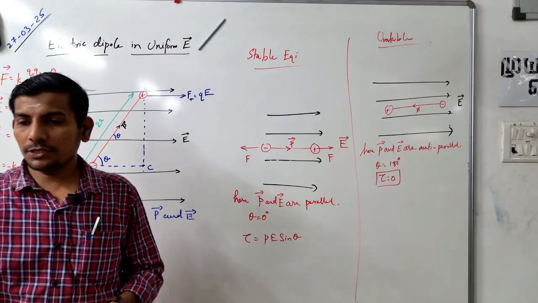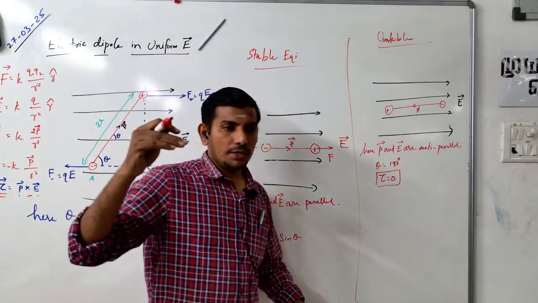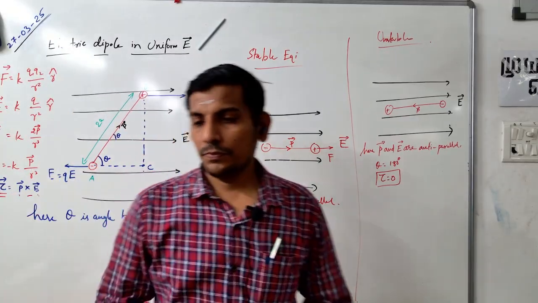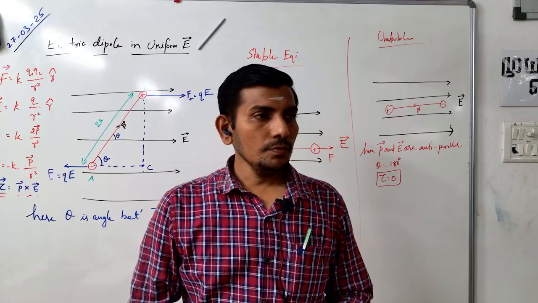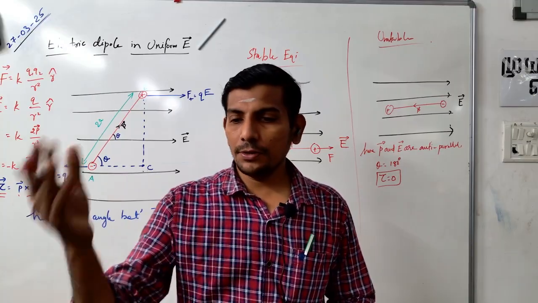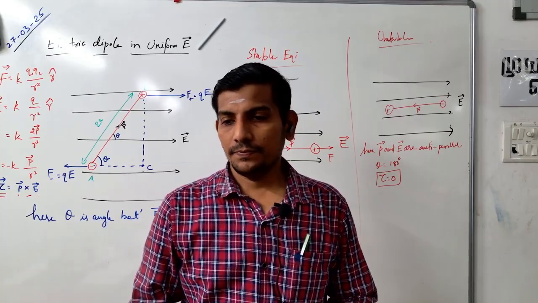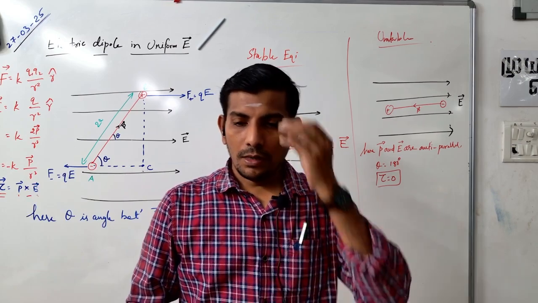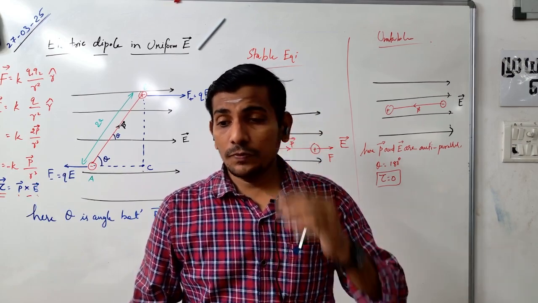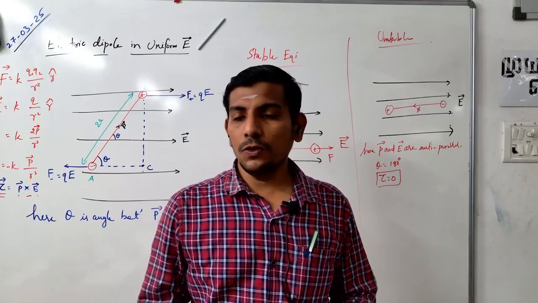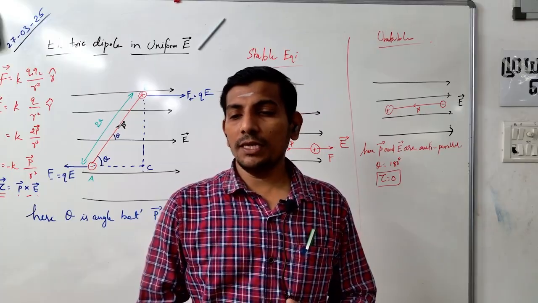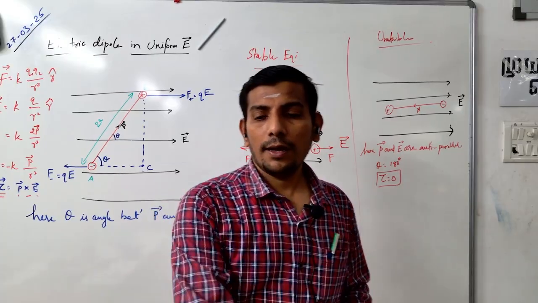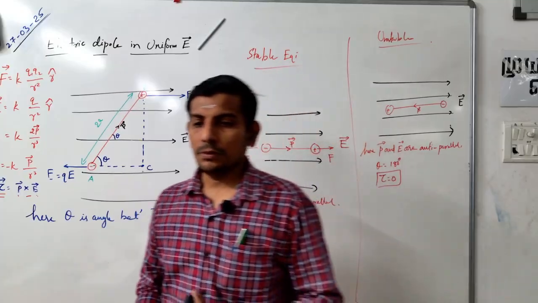So list out the conditions now. The torque experienced by the dipole is maximum when the dipole moment is perpendicular to the field, and the torque is 0 when the dipole moment is either parallel or anti-parallel to the electric field.